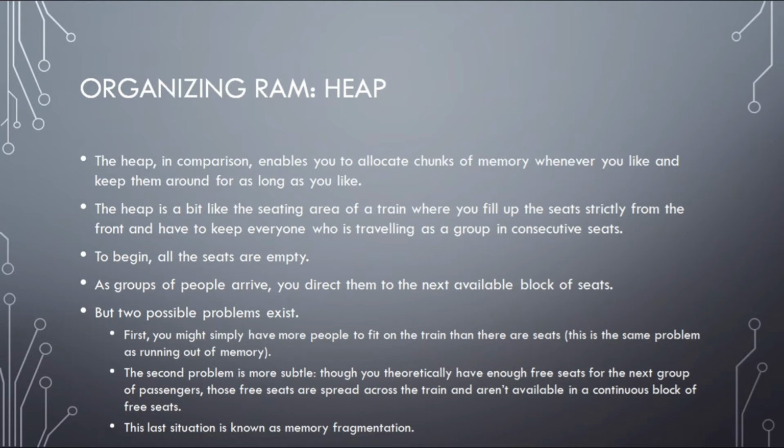The maximum memory usage on the stack depends very much on the execution path that the code can take through your code. The heap, in comparison, enables you to allocate chunks of memory whenever you like and keep them around for as long as you like. In a heap structure, you can allocate memory randomly to the data chunks.